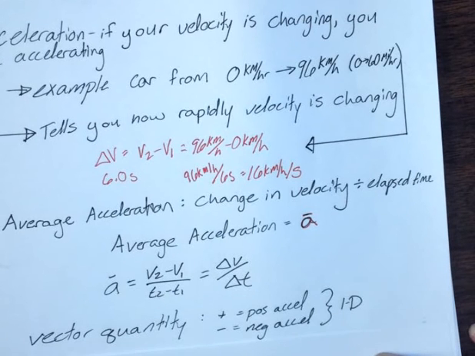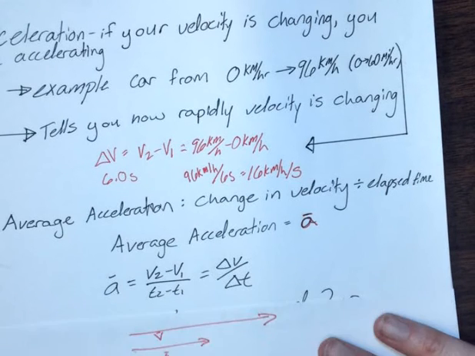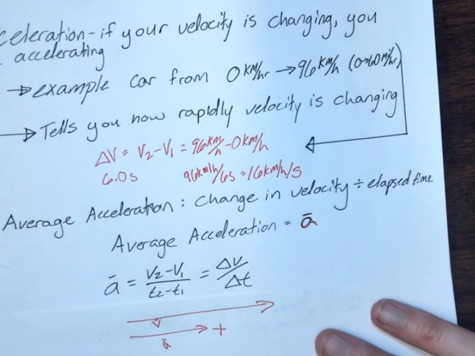Just like velocity, we're dealing with a vector quantity, which means that acceleration happens in a direction. If you're moving in the positive direction and you accelerate in the positive direction, if your velocity is in that direction and your acceleration is in that direction, then we would say that you have yourself a positive acceleration.